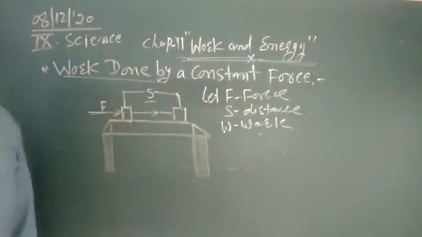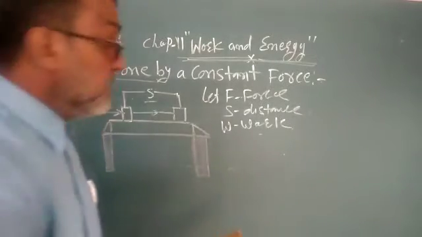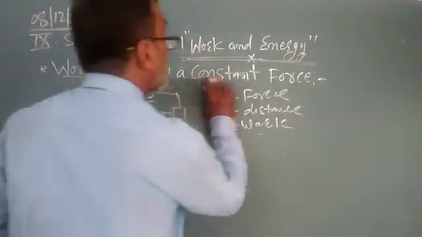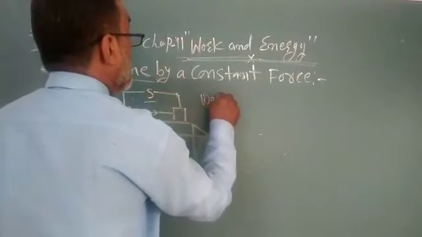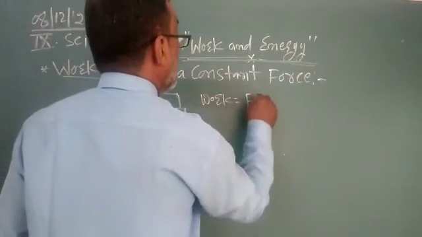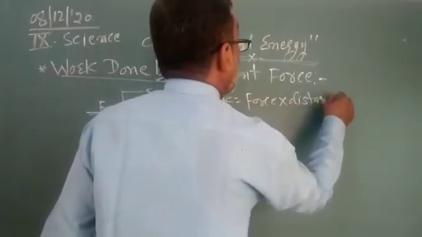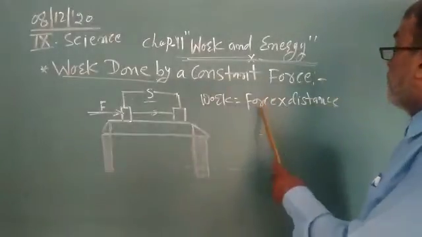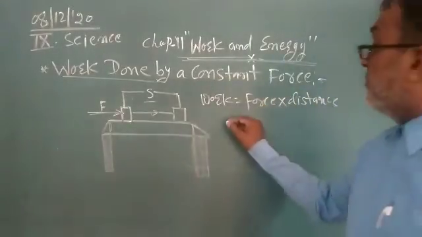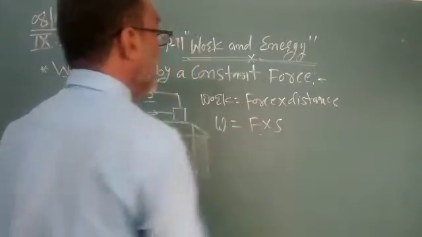So work is defined as equal to force multiplied by distance. Work is the product of force and distance in the same direction: W equals F into S.